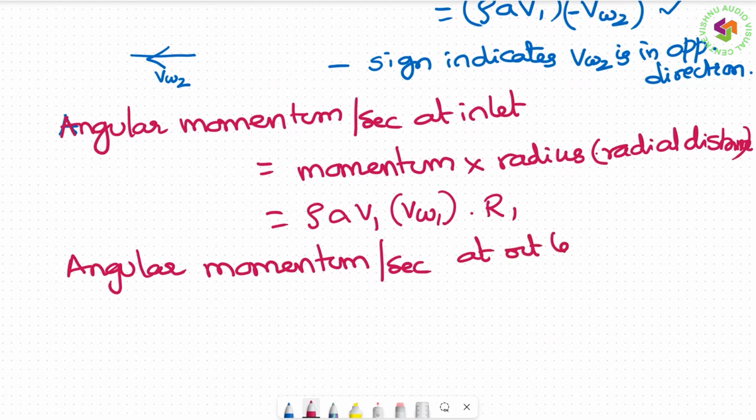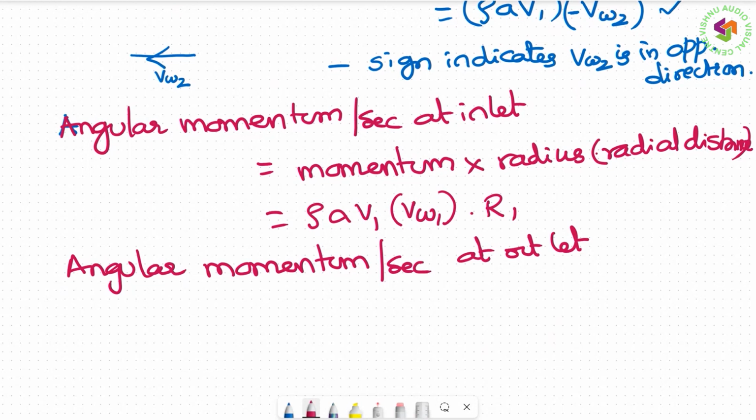Why am I doing all these things? The reason is that there is no way you can directly get force because the wheel is rotating. It is not at constant distance. The jet is not at a constant distance from the center of the wheel. Jet is entering at the outer edge and leaving at the inner edge. So when that is the case, the velocities are both different.